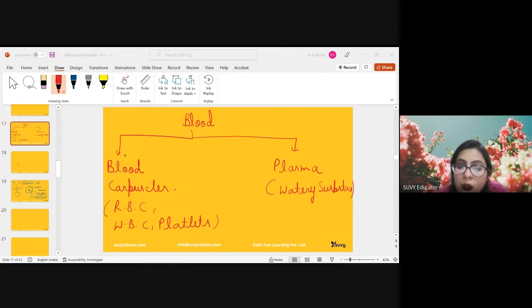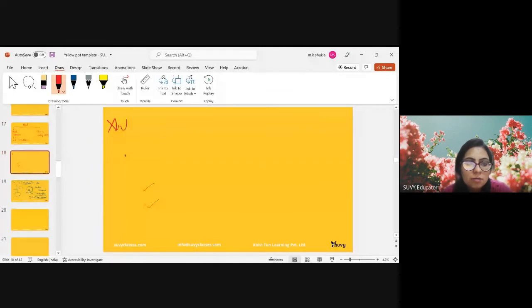Arteries carry oxygenated blood, that is oxygen-rich blood, from the heart to all over the body. I will tell you how. Arteries will take oxygenated blood.